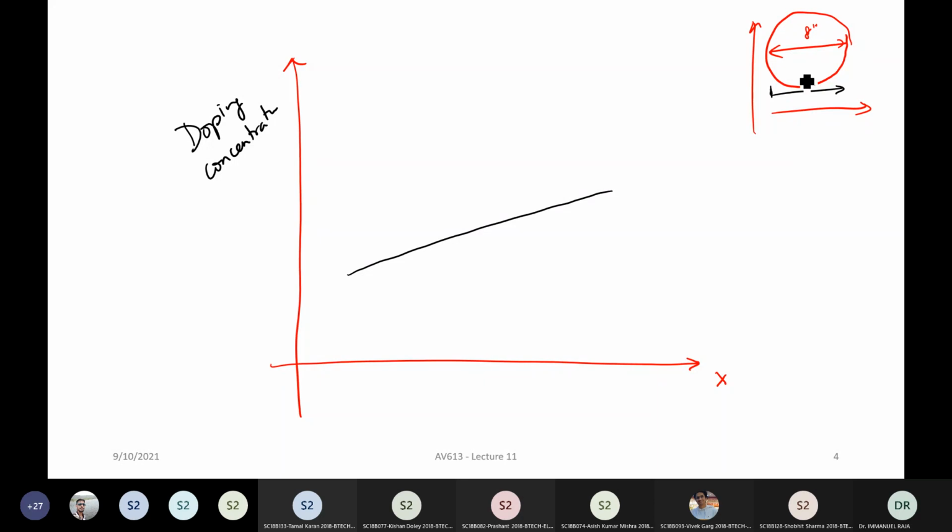The gradient might also be at an angle, which can be decomposed into a gradient along the x-axis and a gradient along the y-axis. Now, this routinely happens in ICs.